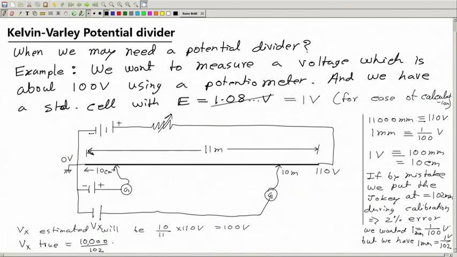So, this much volt, which will be less than 100 volt, and the error will be approximately 2% or minus 2%.